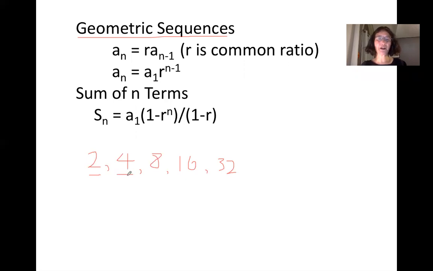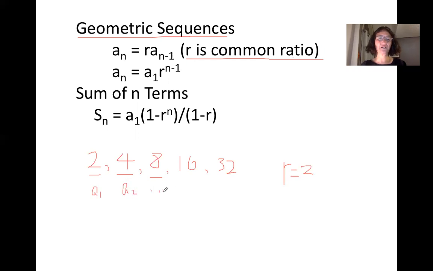Second number multiplied by 2, get the third number, etc. So the common multiplier is 2. Each time you multiply by 2, you get the next number. We call this 2 the common ratio r. We call the first number A1, the second number A2.